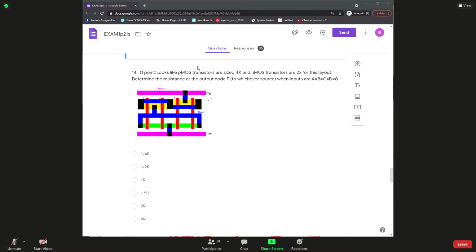We're only going to consider the resistance associated with transistors, and for capacitance, only gates and diffusions.